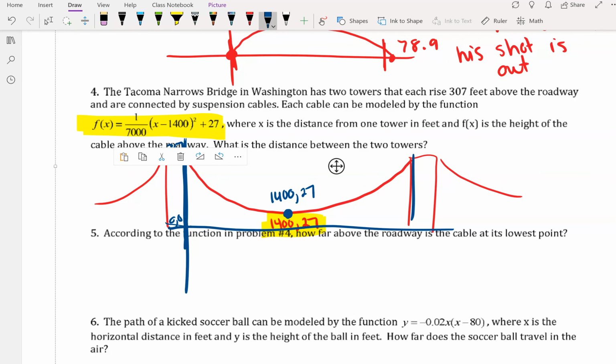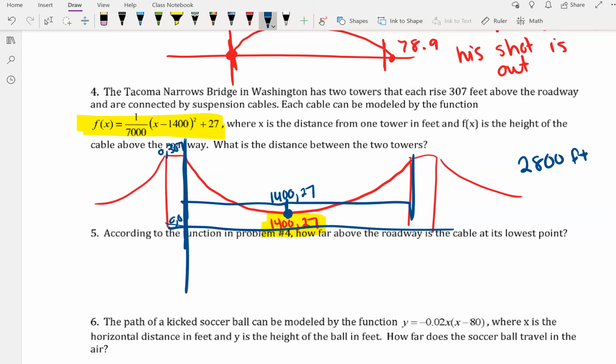So if this distance here is 1400, this distance here will also be 1400. So the entire distance between the two towers is 2800 feet. All right. And then according to the function in this problem, how far above the roadway is the cable at its lowest point? So this one is just the minimum height, which is 27 feet.